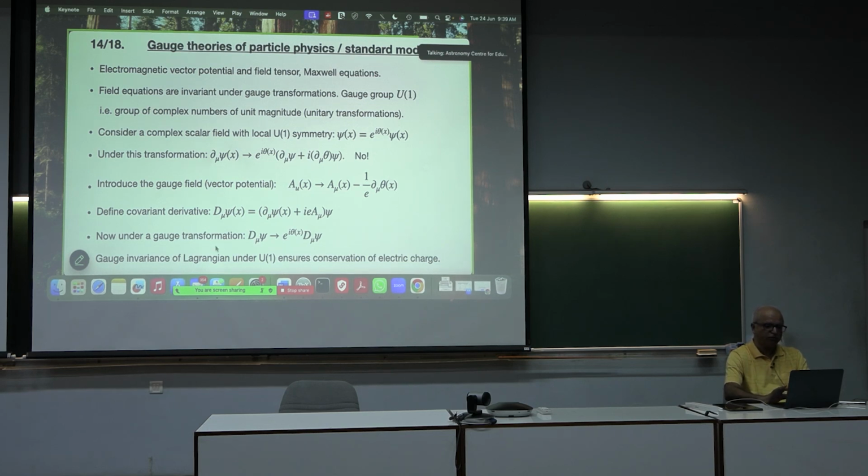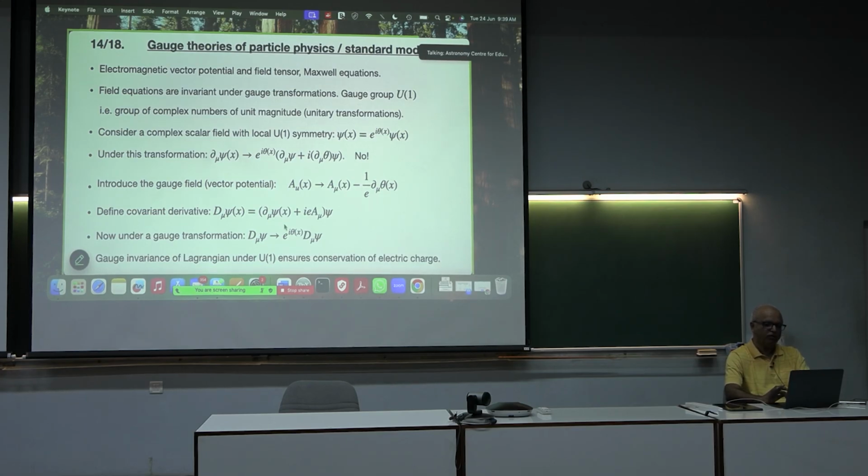Under a gauge transformation, D mu of psi transforms just like the state itself, and the field equations will then be invariant, because this e to the i theta will cancel out with its complex conjugate when you write down the field equations.